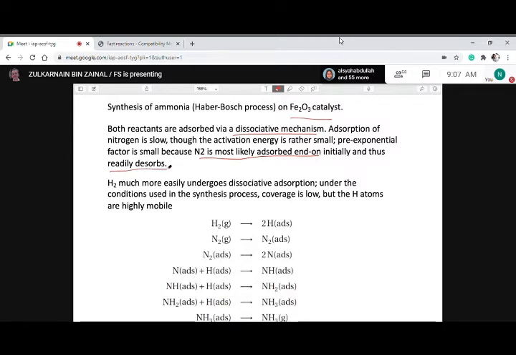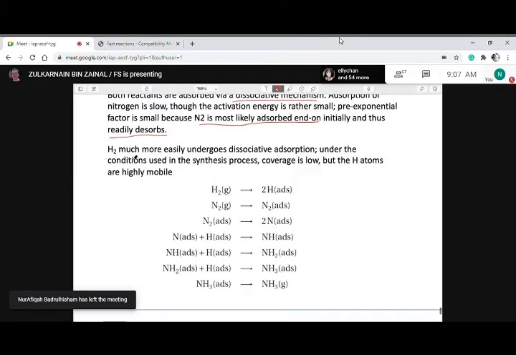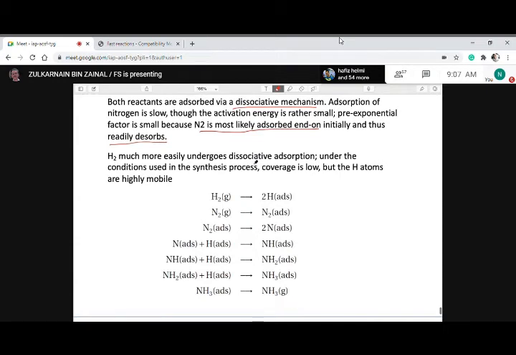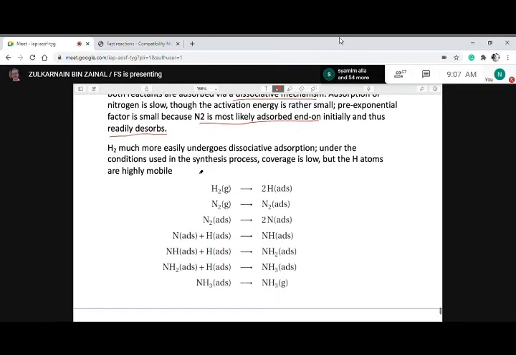On the other hand, hydrogen much more easily undergoes dissociative absorption. Okay. And under the conditions used in the synthesis process, the coverage of hydrogen is low, but hydrogen atoms are highly mobile on the surface.